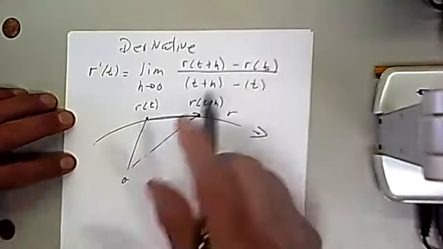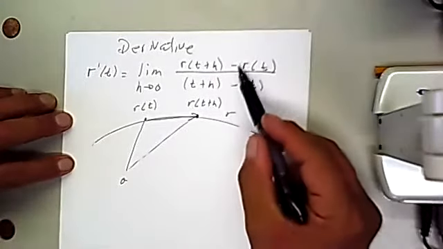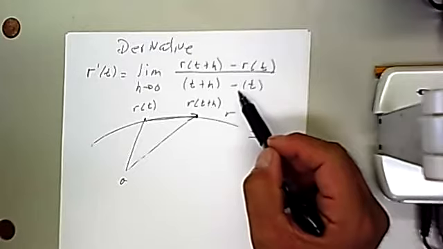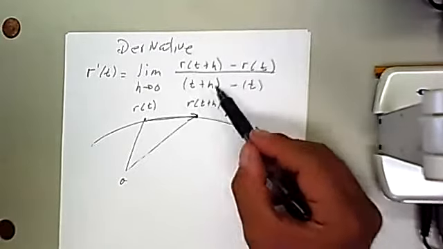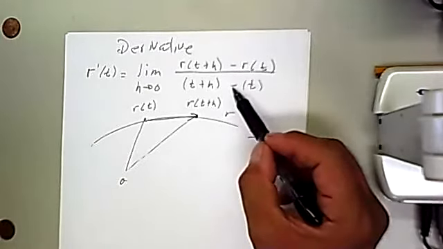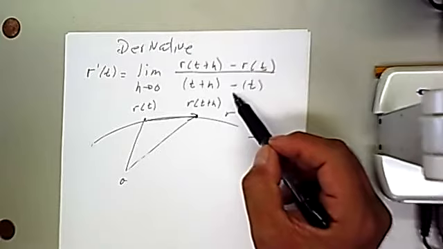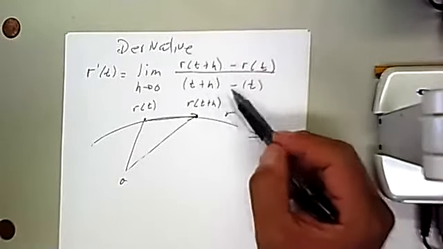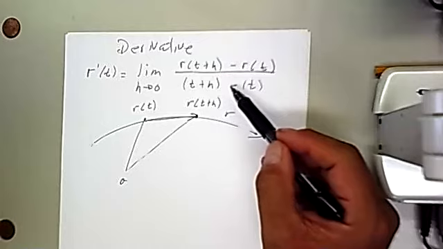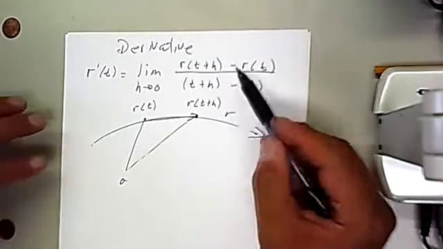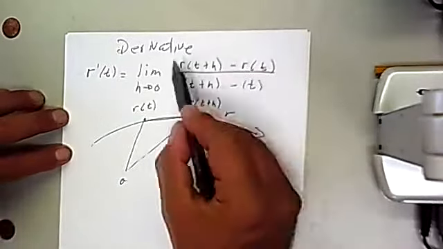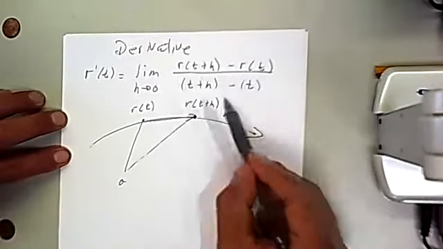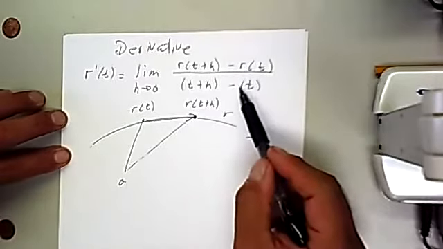Oh, this is a little misleading because technically speaking, we cannot divide by a scalar. The denominator is a scalar, it's just numbers. What we mean by dividing by a scalar is multiplying by the reciprocal of the scalar we're trying to divide by. So we've got to be a little careful. The numerator is a vector. It's the difference of two vectors, and that is a vector. The denominator is a scalar.